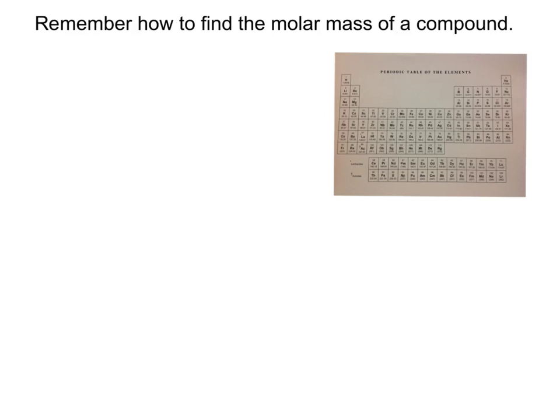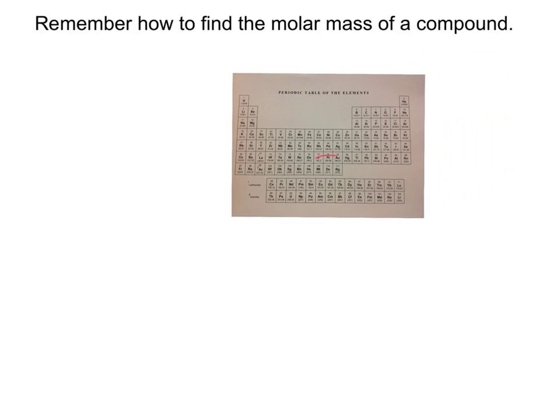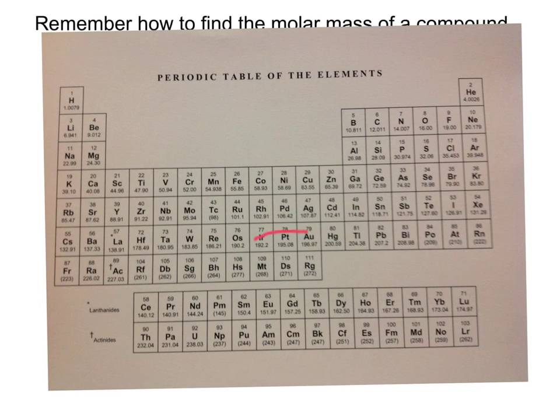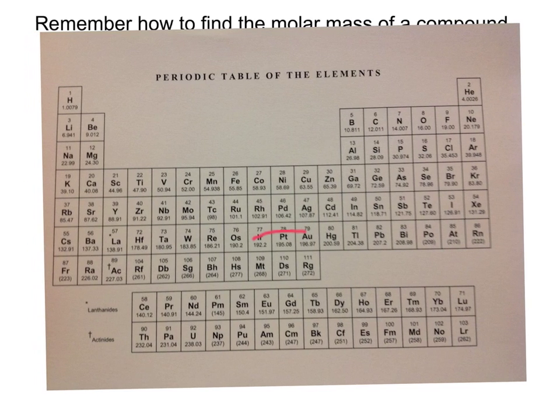Now, let's make sure we know how to actually find the molar mass of a compound. When we're looking at this, we need to understand that all of these numbers underneath each one is the mass of 1 mole. So I have to look at my compound. Say I'm given magnesium sulfate.